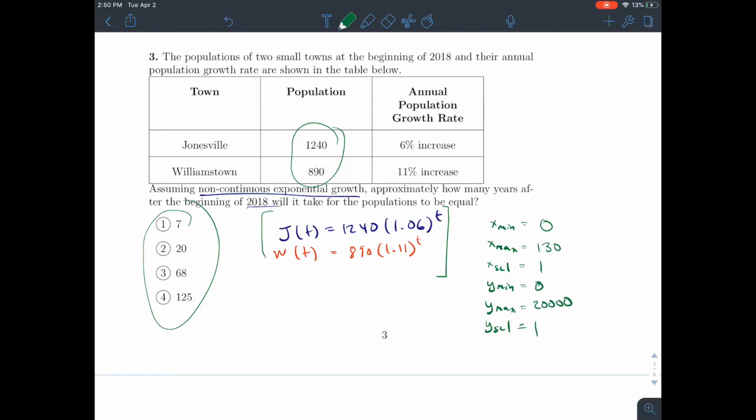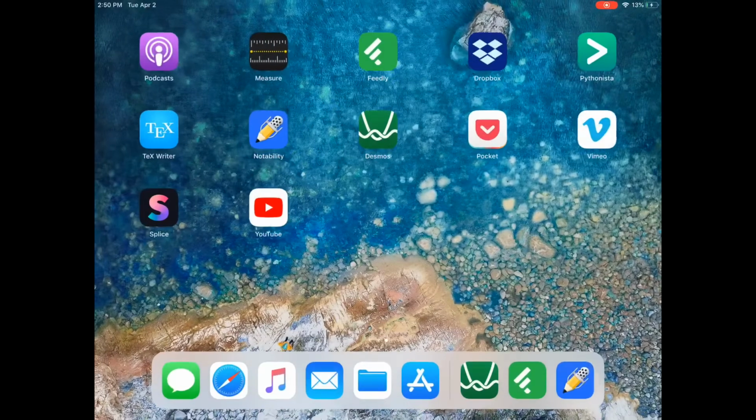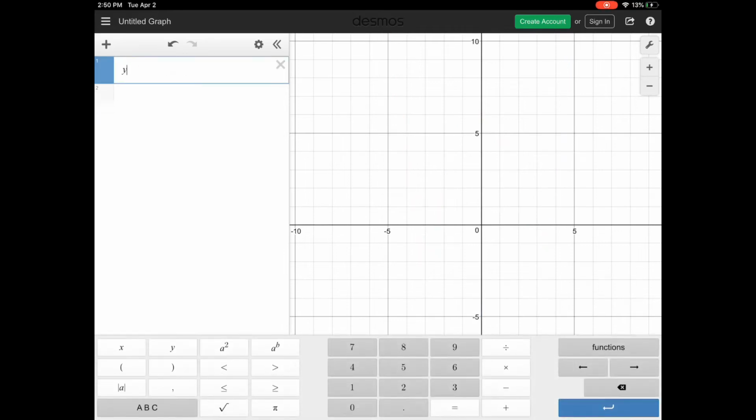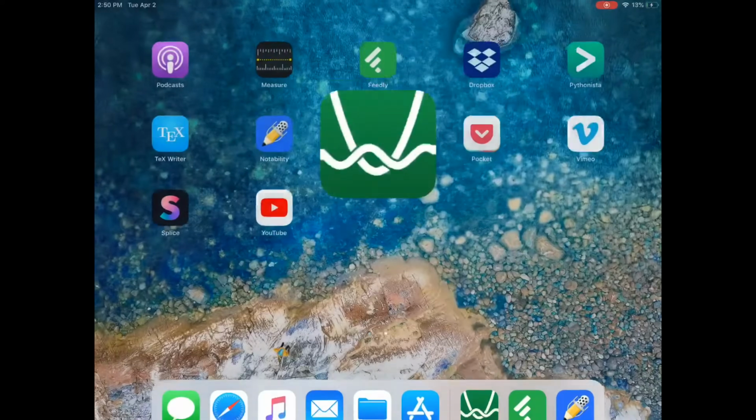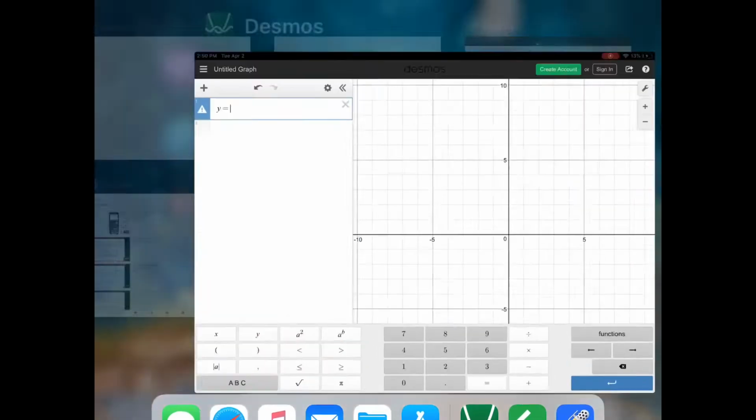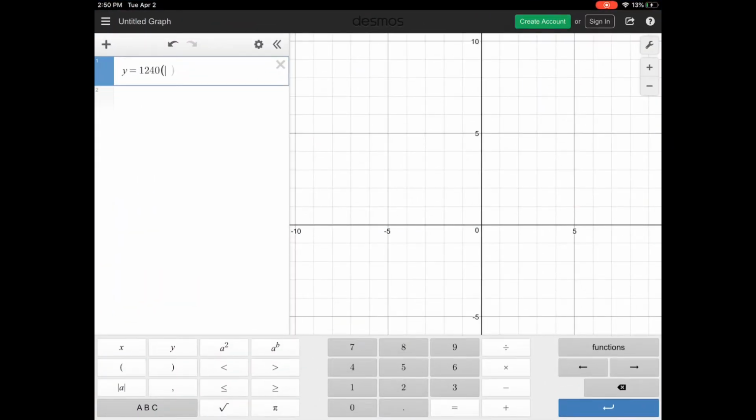All right, so I'm going to try to graph these on Desmos and see if I can mimic the process of revising the window the same way you would on the TI-83. So we're going to flip back and forth a lot here. On the TI-83, you put in your two equations: y equals 1240 times 1.06 to the x power.